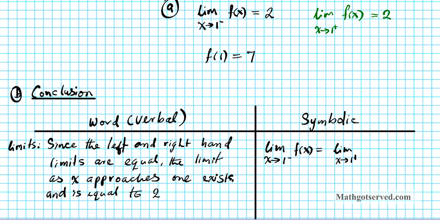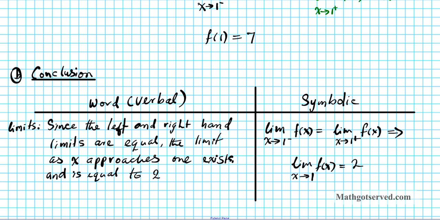Since this is true, this implies that the double-sided limit as x approaches 1 of the function exists. What on earth is it? It is equal to 2.